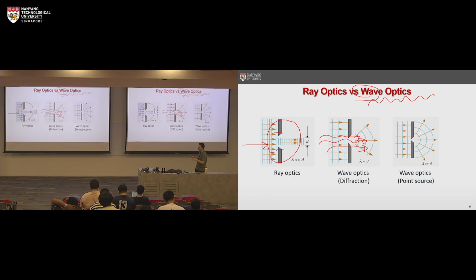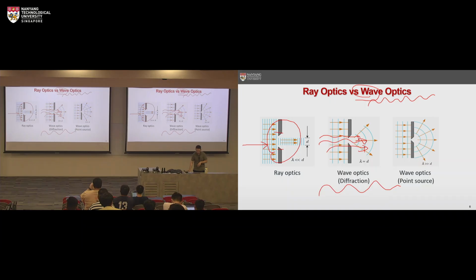There's no interaction. If the light is blocked, then it's blocked. If the light is passed through, it is passed through. In wave optics, light is much more complicated and has a lot of properties. It has frequency, amplitude, wavelength, as much as you can imagine from a wave function.